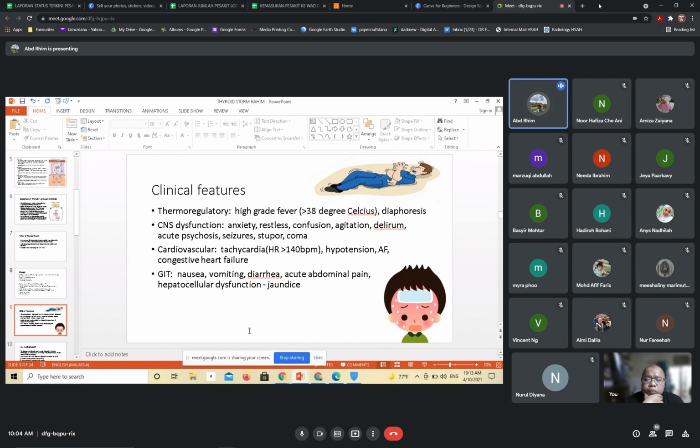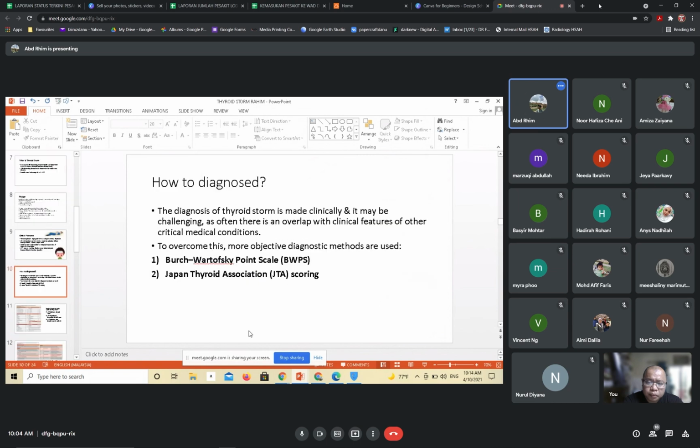For the cardiovascular, the patient will present with tachycardia, heart rate usually more than 140, hypotension, atrial fibrillation, and also congestive heart failure symptoms. For the GIT, the patient will present with nausea, vomiting, diarrhea, acute abdominal pain, and also hepatocellular dysfunction, for example, jaundice.